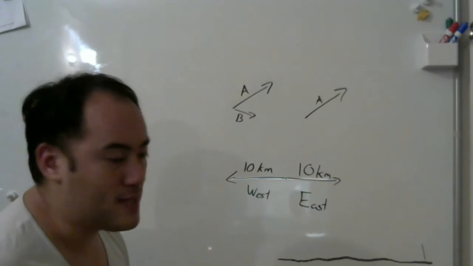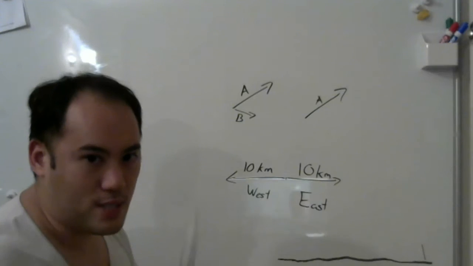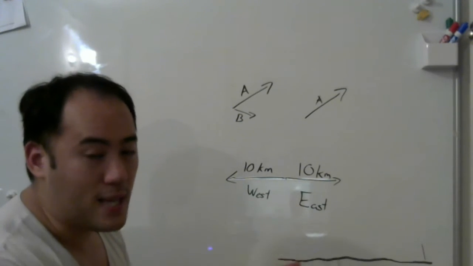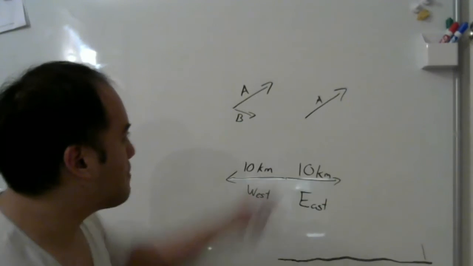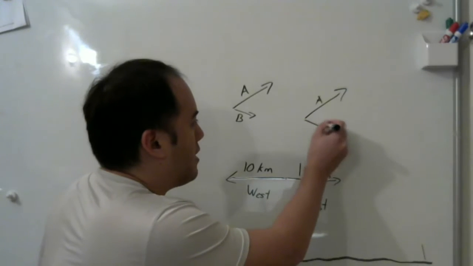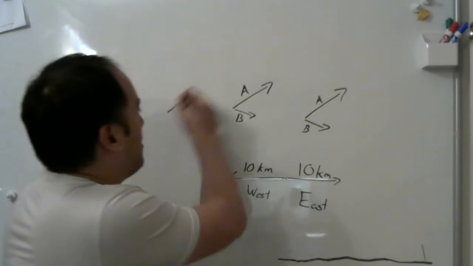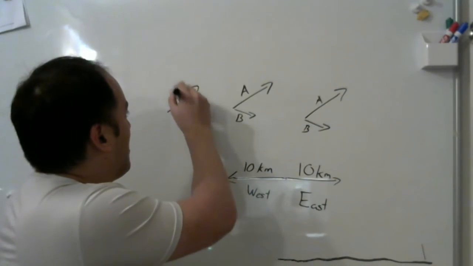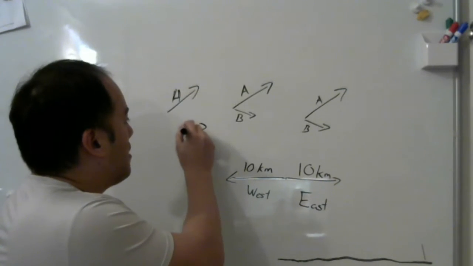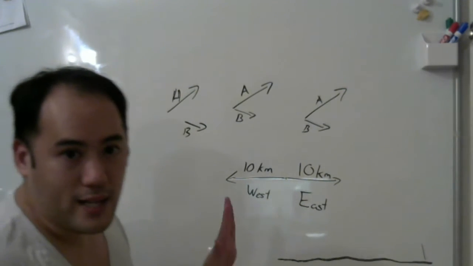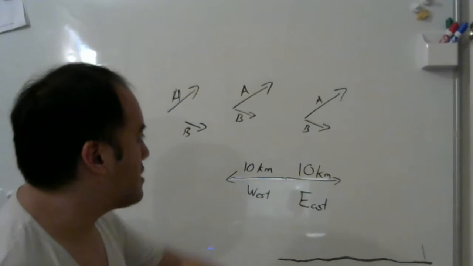They're all the same. It doesn't matter where they start, where they end. If it's 3 blocks and north, it's the same exact vector. So here's A, here's B. That's also A. That's also B. There's another A. There's another B. They're all the same. I need to draw A plus B.